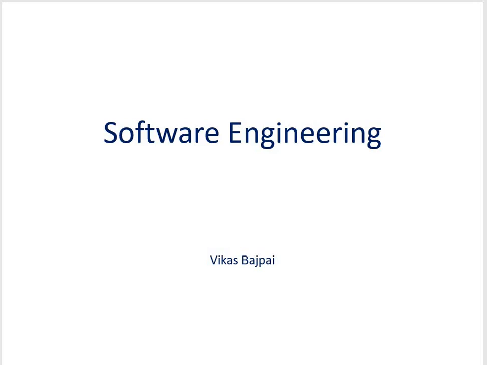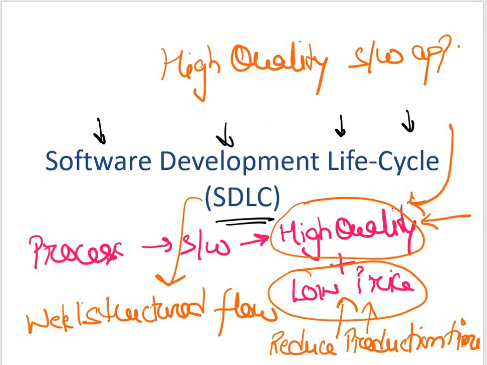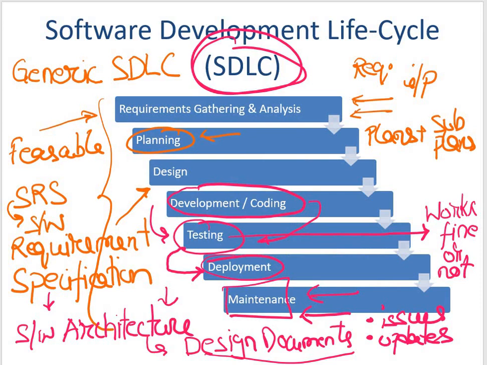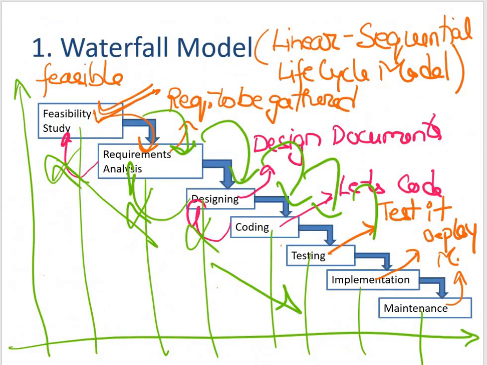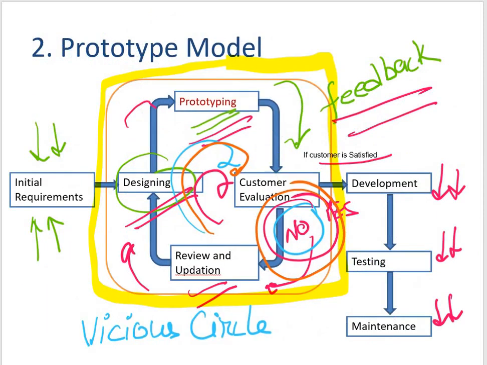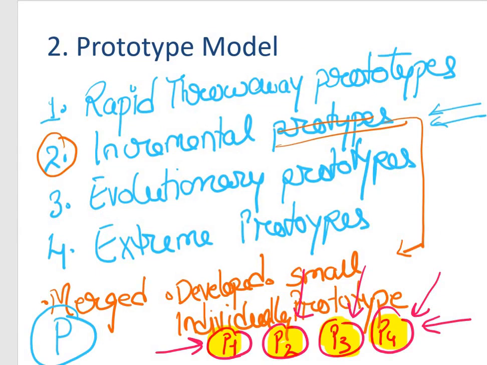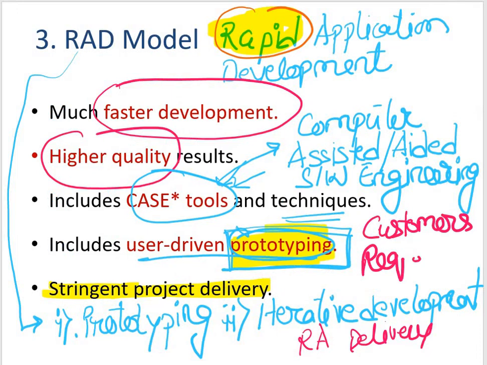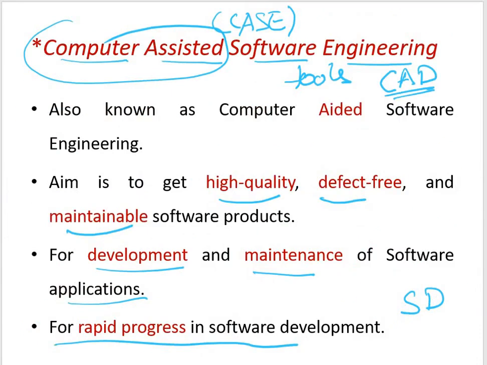In our previous discussions, we were talking about the software development life cycle, and then we looked into the waterfall model, and then the iterative waterfall model, which was a slight modification. Then we talked about the prototype model and some of its variants, and then the rapid application development model, where we saw the usage of CASE tools and how it works.